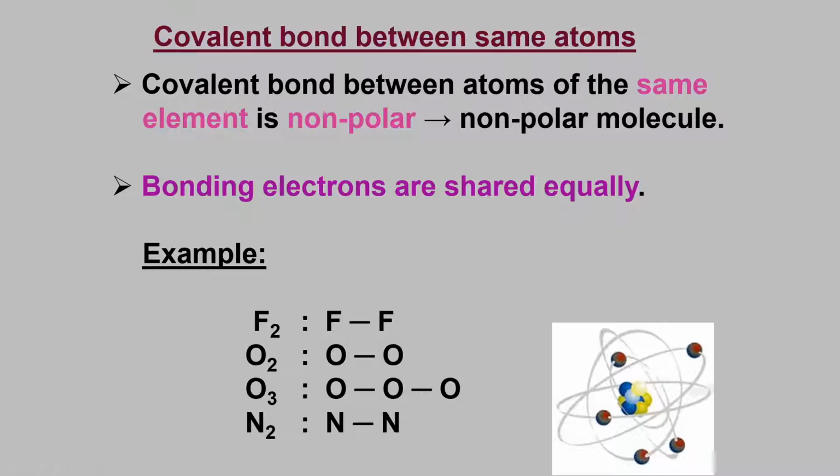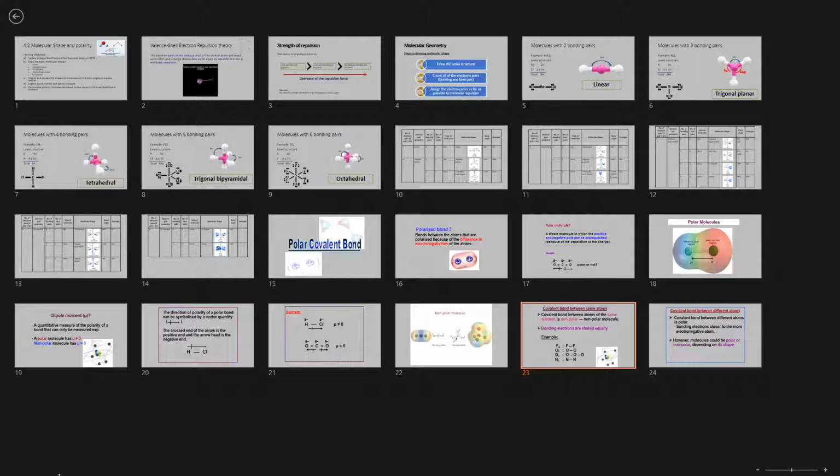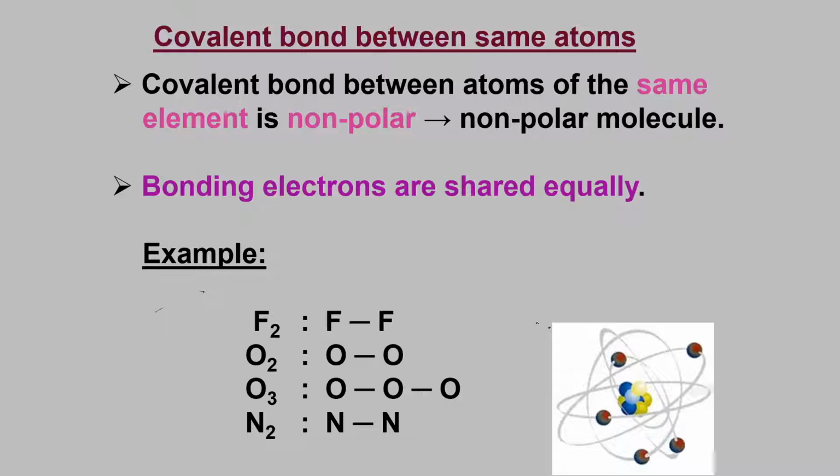Okay. Covalent bond between same atoms. Sekejap. Let me see mana. Okay. So, covalent bonds between atoms. So, fluorine is very electronegative. Okay, contoh kalau both of the atoms are the same. Fluorine is electronegative. The other fluorine pun is the most electronegative atom lah, basically. So fluorine and fluorine, adakah ia polar? Okay, kenapa it is non-polar?